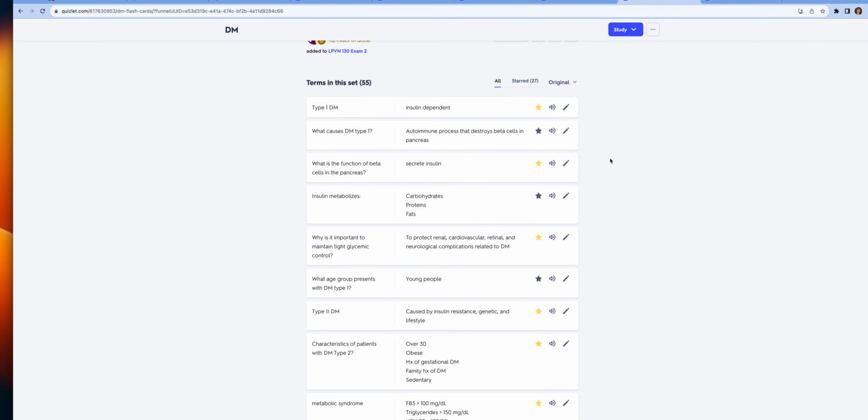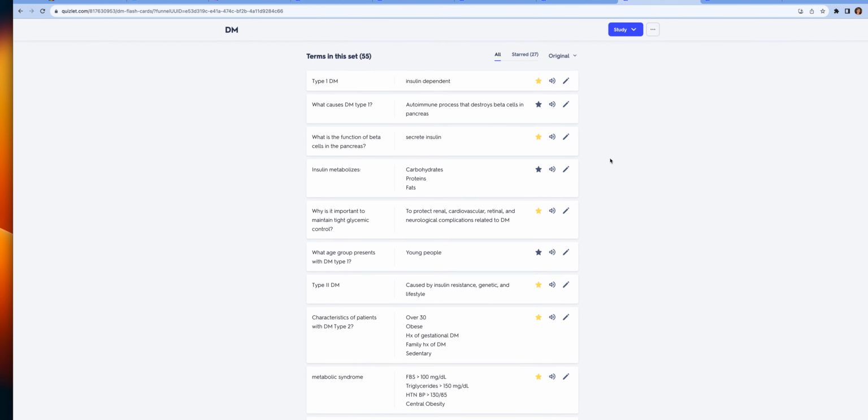Okay, so diabetes 1 is caused by an autoimmune process that destroys the beta cells in the pancreas. Remember, the beta cells are the cells that secrete insulin. And the pancreas is a unique organ in that it has both an exocrine function, so that means it secretes enzymes that help us digest food, and also an endocrine function with the various hormones it produces.